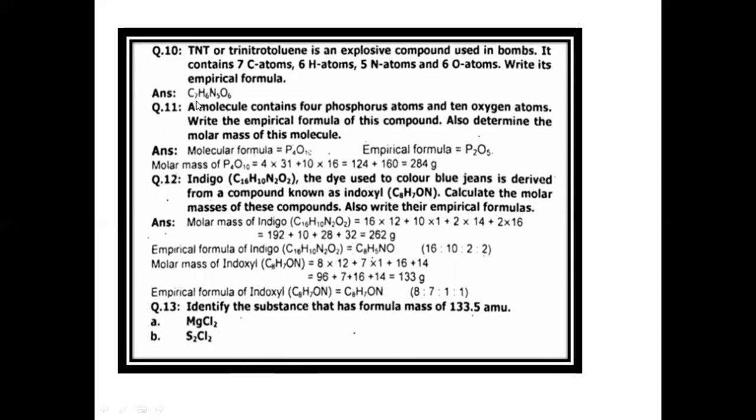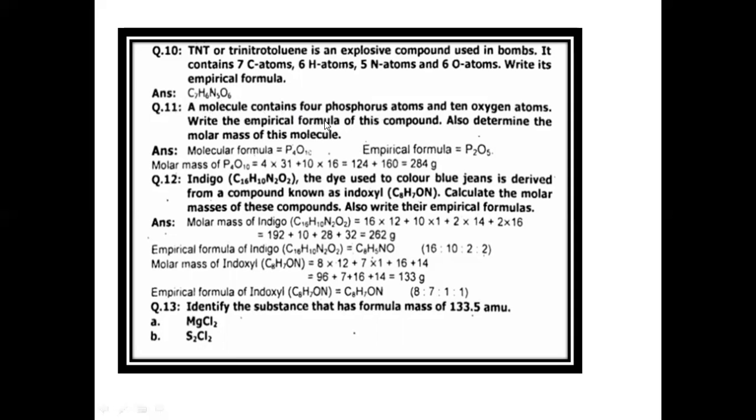So can you simplify it? No, because they are even and odd numbers, so we cannot simplify it further. So this is the empirical formula as well as the molecular formula. So for TNT, the molecular formula and the empirical formula are the same.